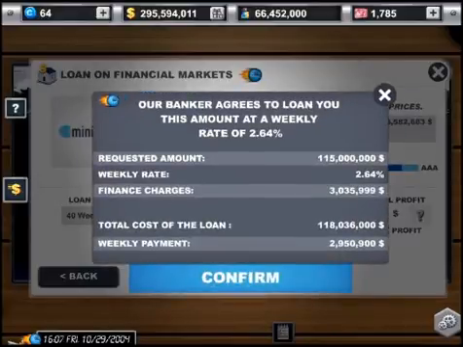You see the interest rate went up, and the finance charge went up, but because we're borrowing over a longer period of time, the weekly payment went down just a little bit. So it's only going to be a $3 million weekly payment, which is way less than I expect to make weekly on this route. So like I said, I think I'll make, call it $3 million per day. And so 3 times 7, 21 million, less 3, we're still clearing like $18 million of profit after finance cost.